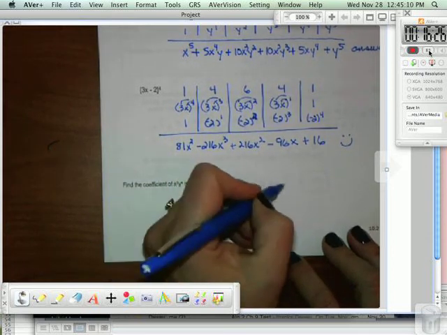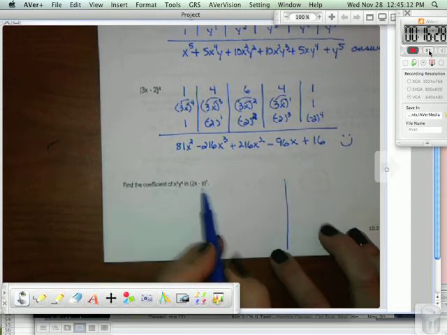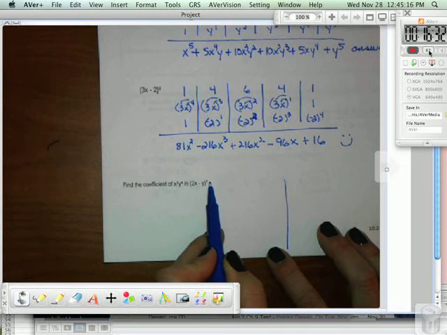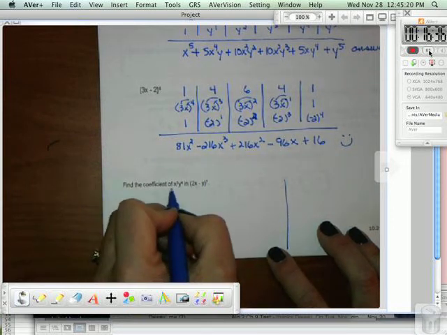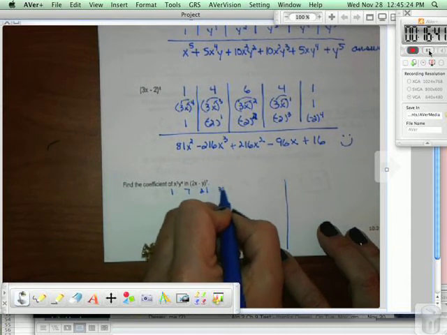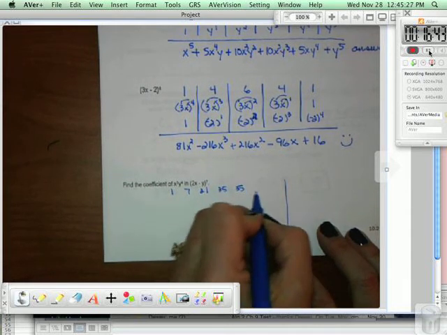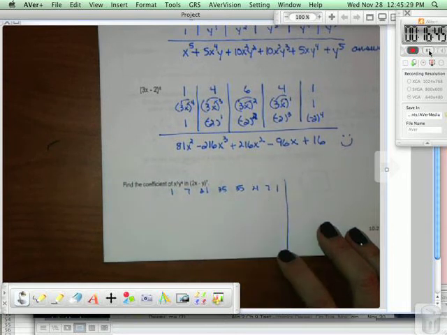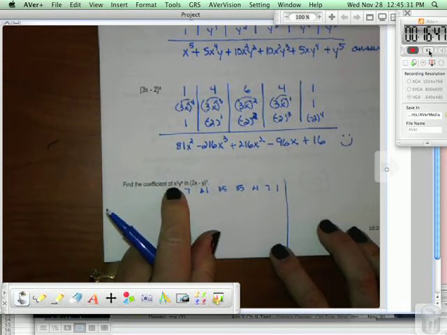Okay. The first way is if you just remember that this 7 tells you you're going to be using row 7. So I'm going to just write down what I see in row 7 as coefficients. 1, 7, 21, 35, 35, 21, 7, and 1. And I know that I need x to the third here.